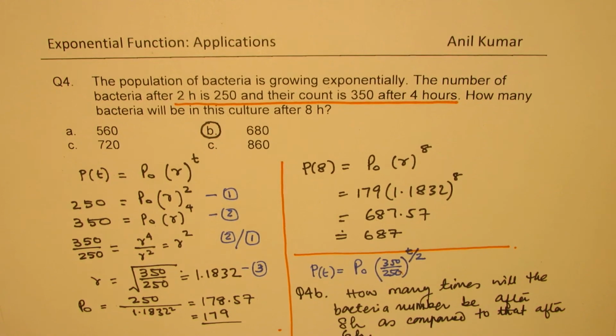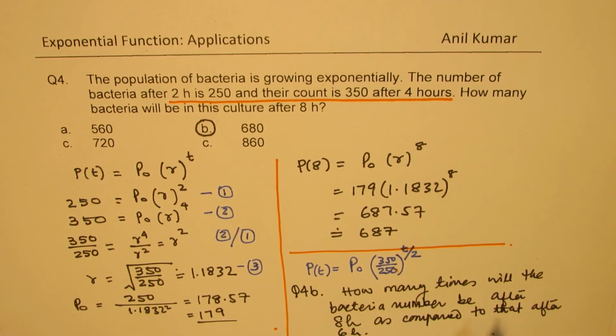So if I change the condition like this, comparing with two different times, this becomes a better way of solving, right? Well, you could do both ways also. You can find both the numbers separately and then also get the same answer.